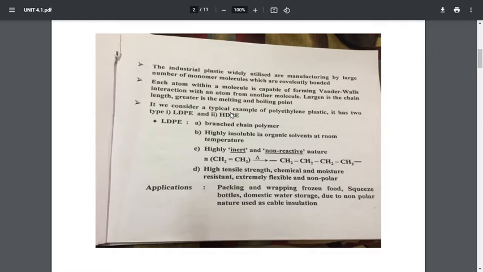You carry tomatoes, brinjals, potatoes, eggplant, and they don't react with the polyethylene. High tensile strength, chemical and moisture resistance. So definitely you can even carry water in polyethylene bags. Extremely flexible because it's moisture resistant and non-polar.